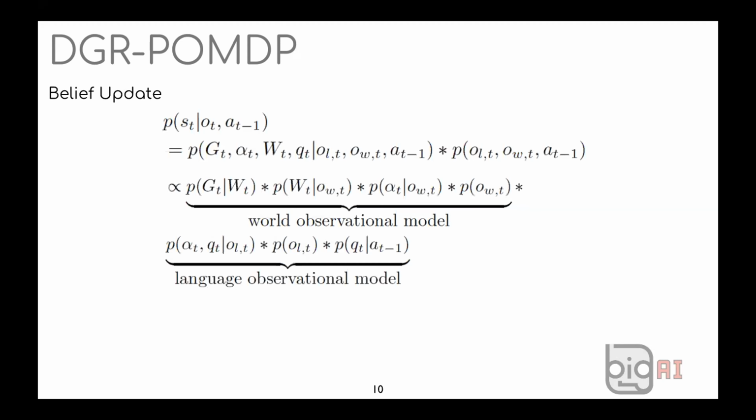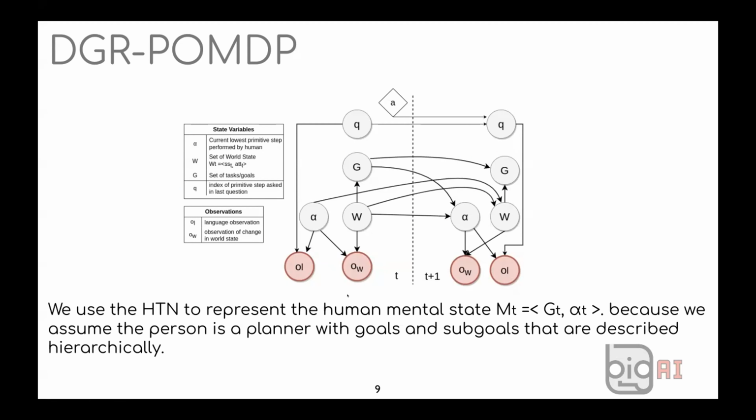Going back to it, we have a large language observation, which is the language feedback. We have world observations. In our case, we limit these to binary world observations about the environment state and about the attributes of the human, for example, faucet turned on, or hand is dry.